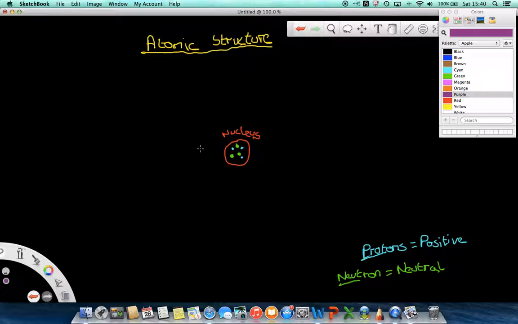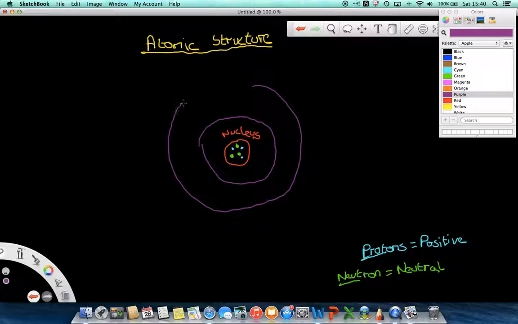Now, around the outside of the nucleus, we have areas known as shells. Okay, and depending on the atom you have, there are different amounts of shells. So these are called shells. Inside the shells we find these particles called electrons.